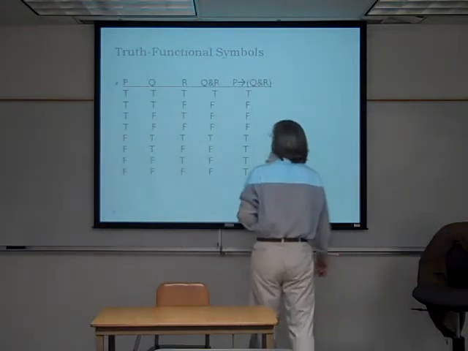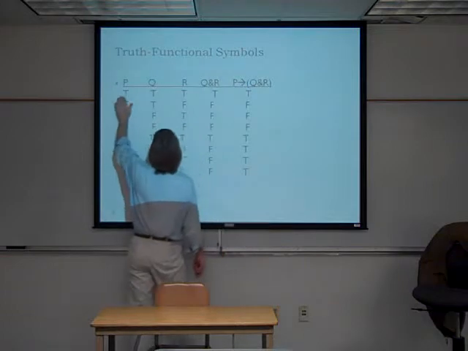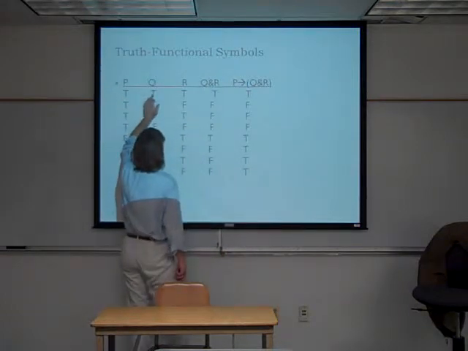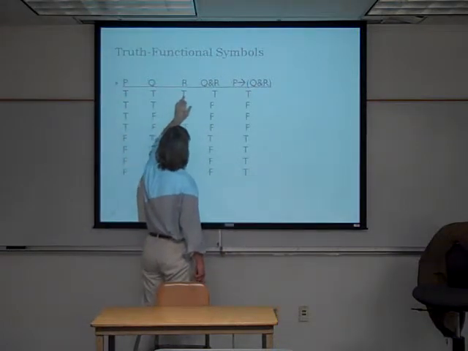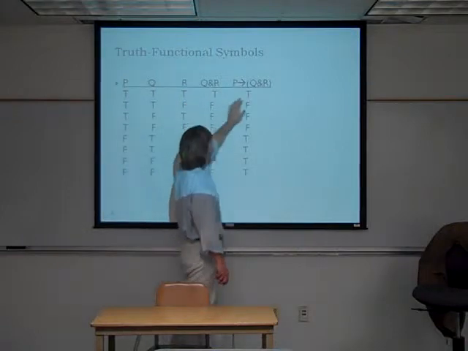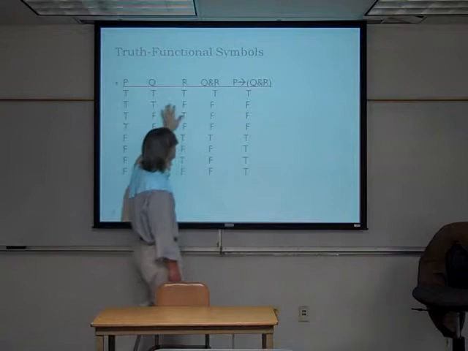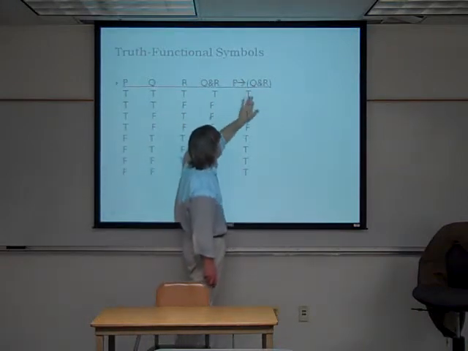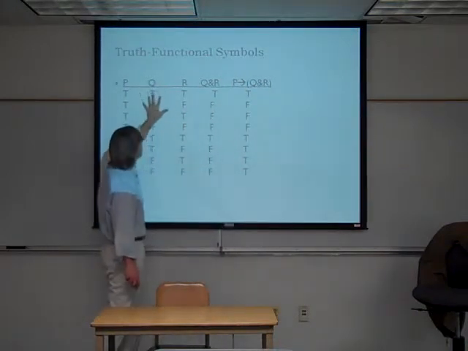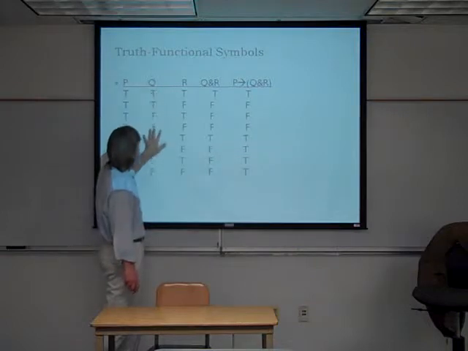And the idea is that if we make P true, we make Q true, we make R true, then this is definitely going to be true. But the value of this compound claim is going to vary as the values of these variables change.